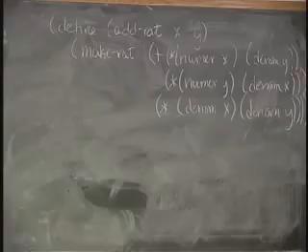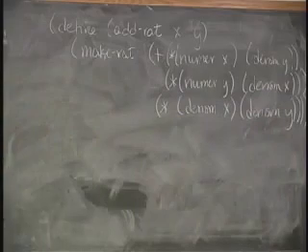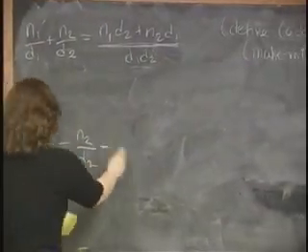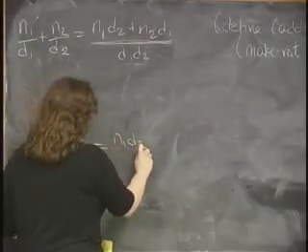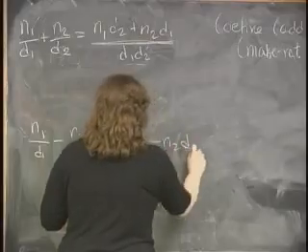Questions? Okay. How do we define a rational being subtracted? Well, that's equal to n1 d2 minus n2 d1 over d1 d2.